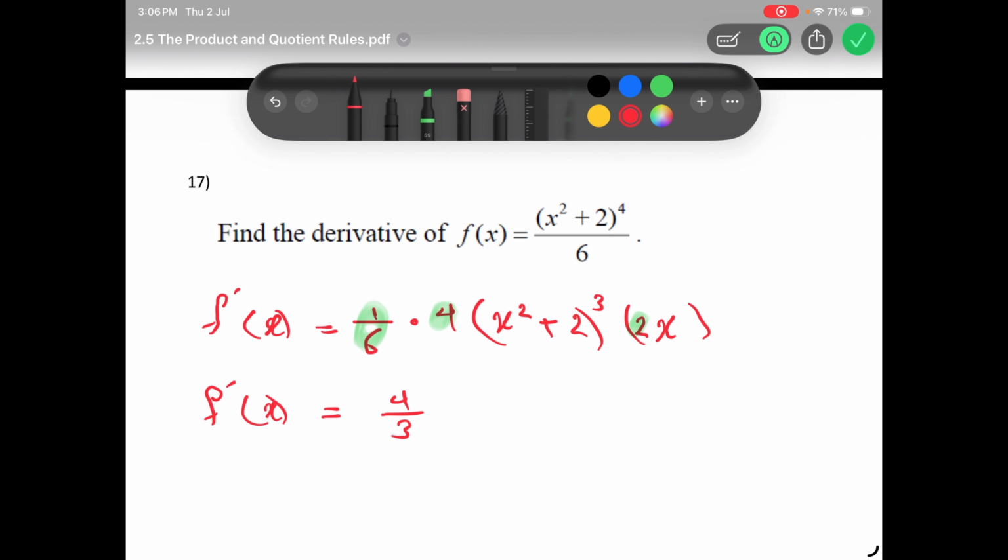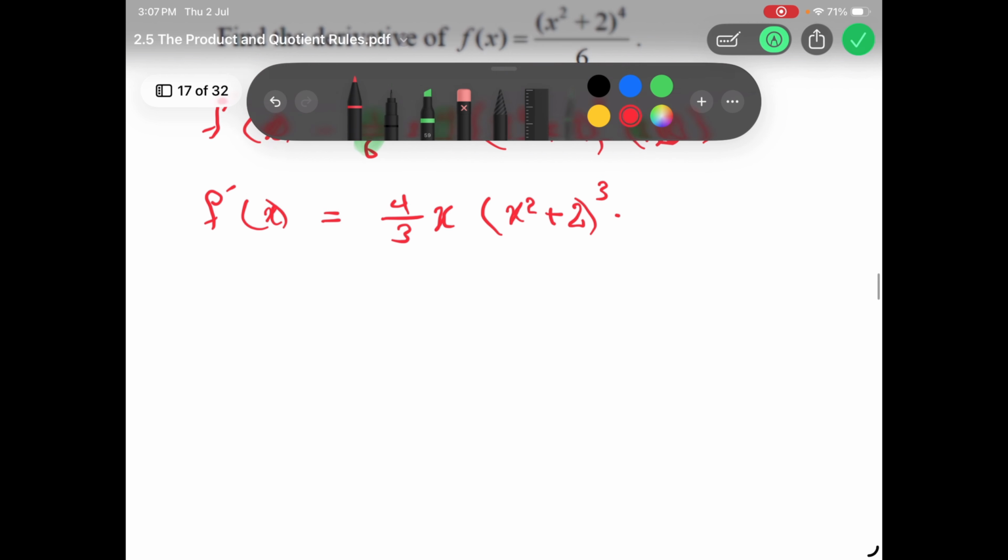I can write this x here in the front, it's fine. Then x squared plus 2, all to the power of 3. I have to correct this, I think. Yes. x squared plus 2 to the power of 3.